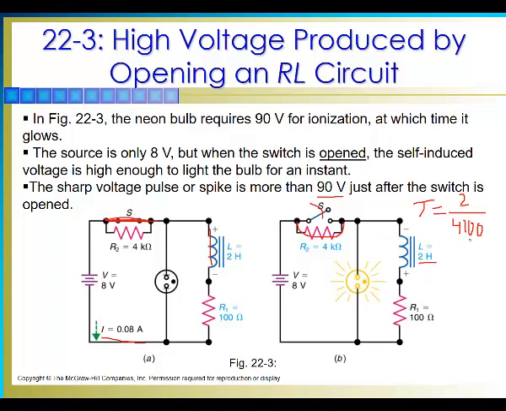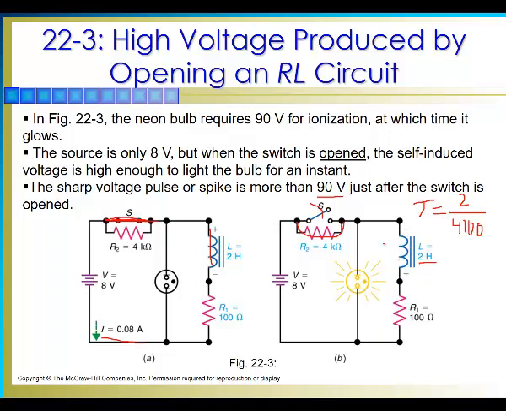So the larger the resistance, the smaller the time constant is going to be. So the smaller the time, that means the current is changing in a very little time, so it's changing real fast, and the inductors induce voltage according to the rate of change of the current.